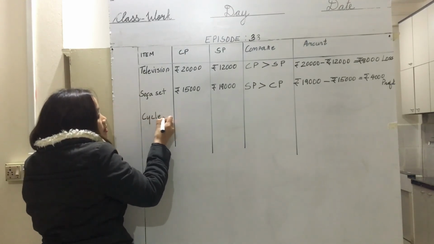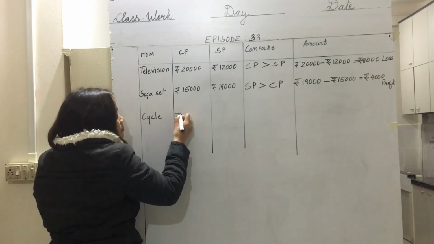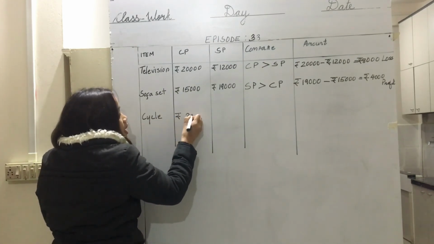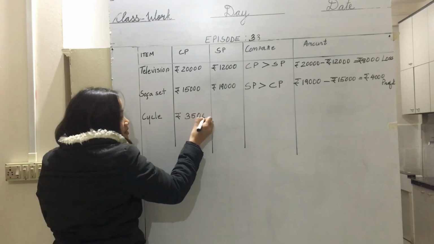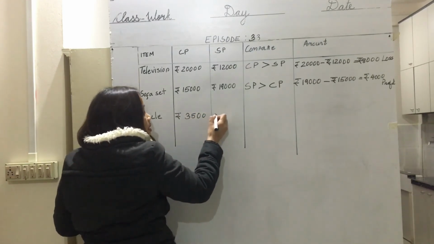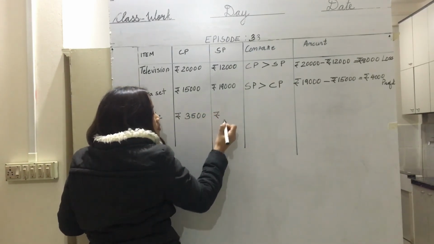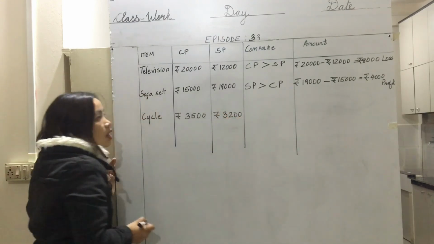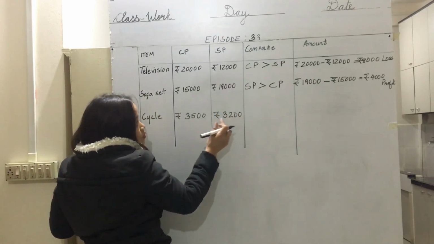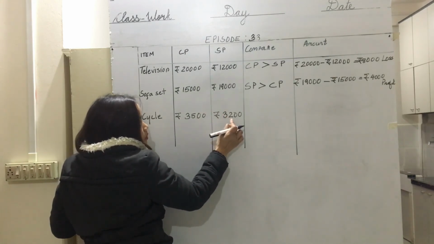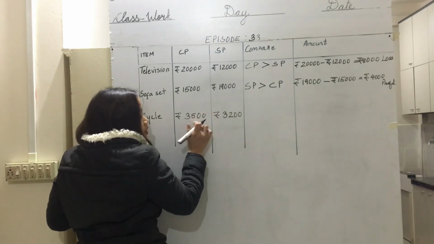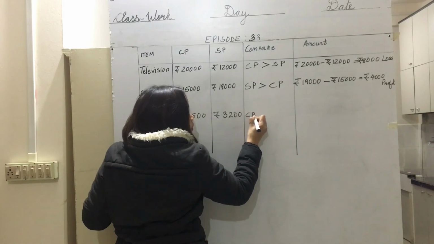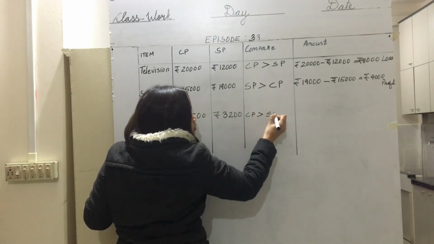A cycle is bought for 3,500 rupees and it is sold for 3,200 rupees. Now we will compare again which is bigger, the CP or the SP. CP is bigger here, so we write CP is bigger than SP.